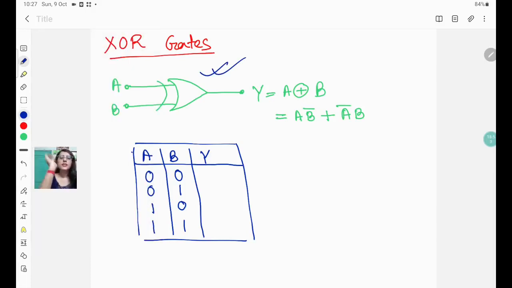Somehow it looks like the OR gate, but as it is a special OR gate, it is the exclusive OR gate, or XOR gate. XOR is also called the exclusive OR gate.